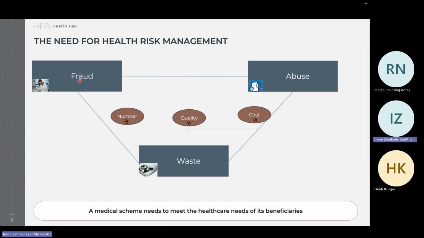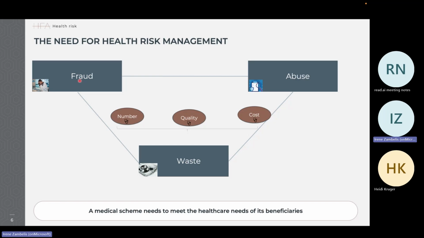What fraud is, and what makes it different to abuse and waste, is that fraud is done with intent for self-enrichment. So a provider may submit a claim for services never rendered, or an unregistered beneficiary can use a registered person's details.